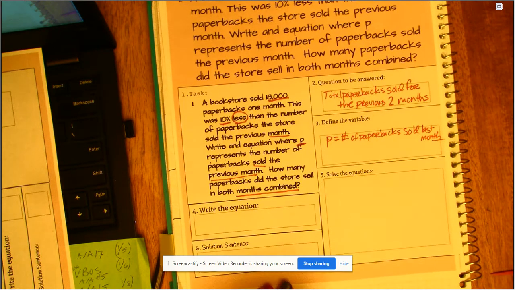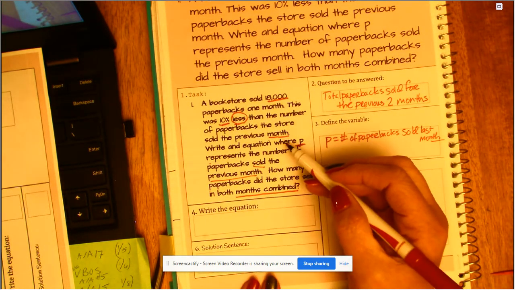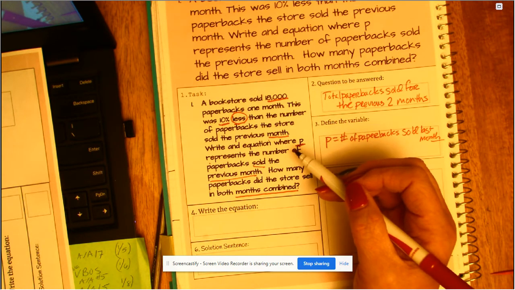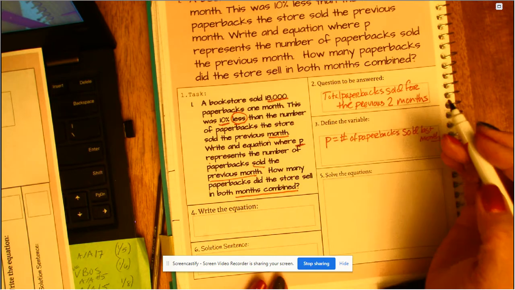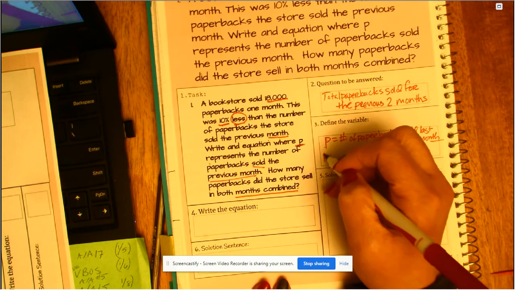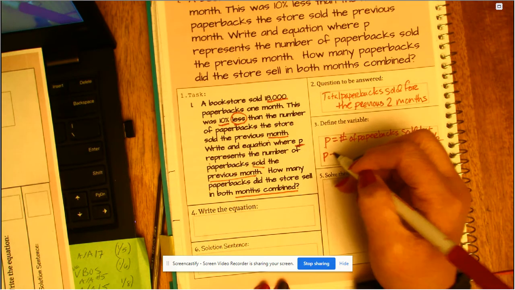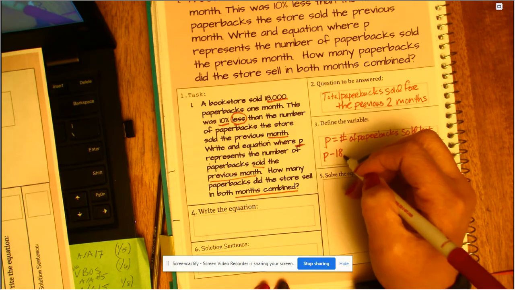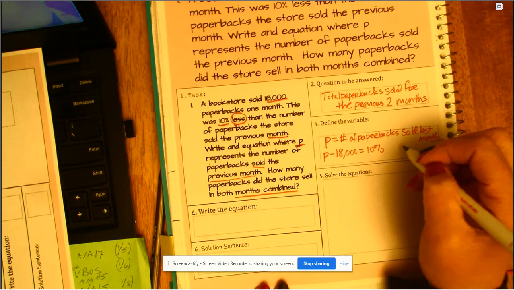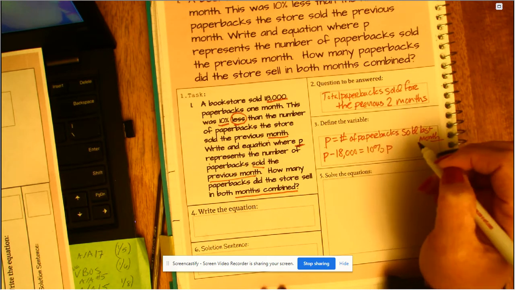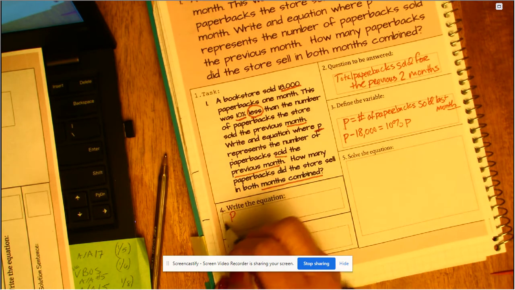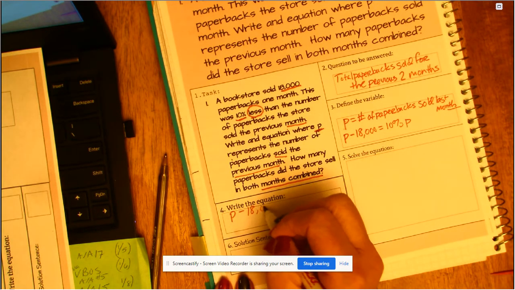So what do I know? I know that this month, it's 10% less than last month. So how could I get to that? Well, I know there's some number from last month, and if I subtract this month's sales, that should give me 10% of last month, or of P. So I can use that as my equation: P minus 18,000.